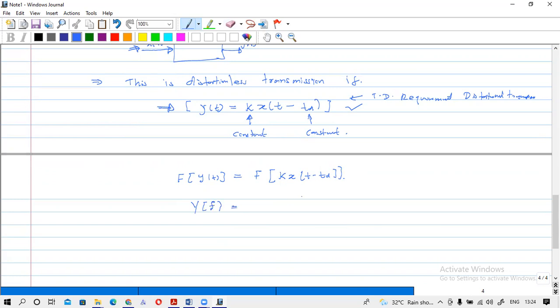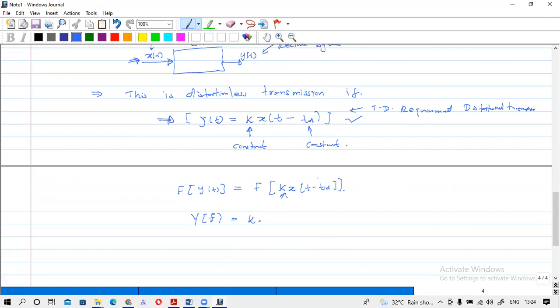For the Fourier transform of K x(t minus Td), K is a constant, so you can take K out of the Fourier transform, and you have the Fourier transform of x(t minus Td), the time shifted signal.